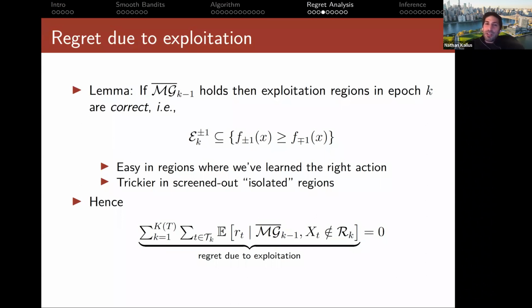This is easy to see in the regions where we've learned the right action, because we're always saying pull arm plus 1 when it's so positive that even when we add 2b, we don't get to 0. And by conditioning on everything good so far, we're saying those bounds held. It's a bit trickier to see in the screened out isolated regions. It's more of a geometrical argument that I don't have time to get into. But essentially, this is saying that the regret due to exploitation is just exactly 0.